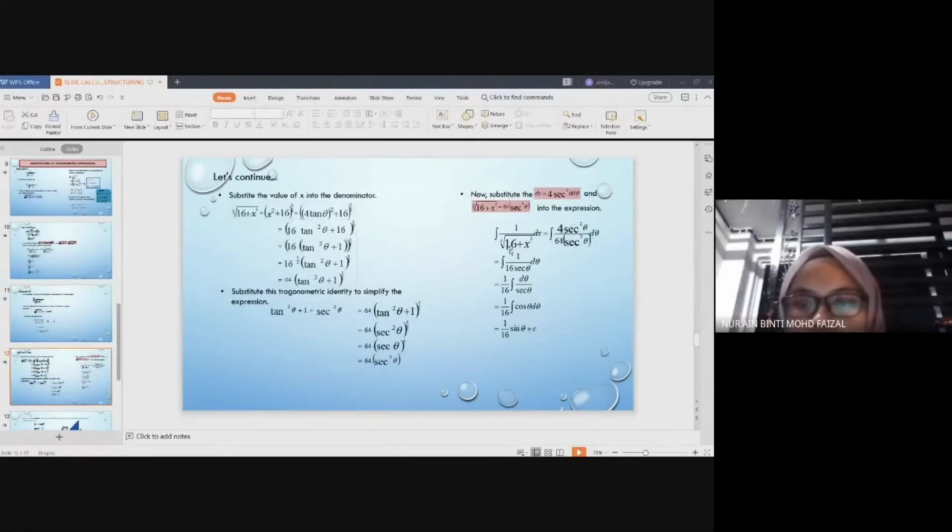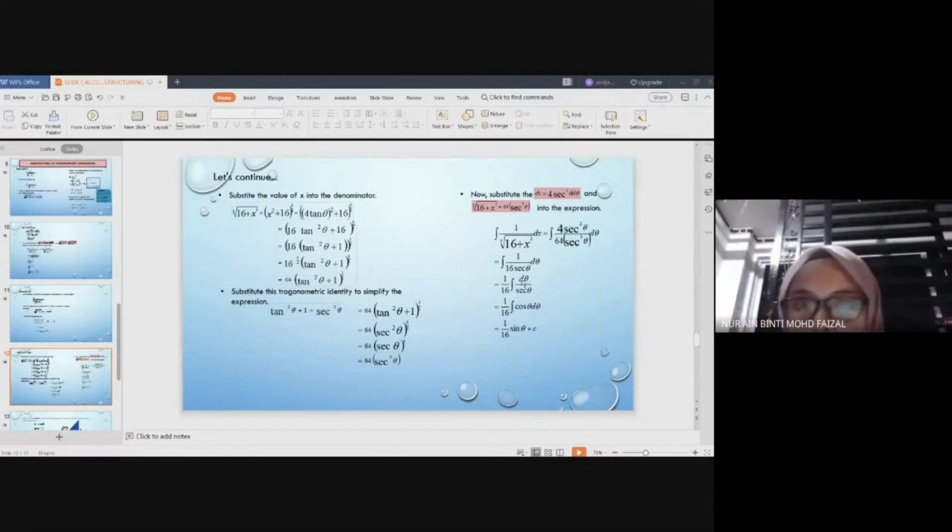So the denominator will be 64 times secant cubed theta. And then 4 divided by 64 is 1 over 16. And then you cancel secant squared over secant cubed, it will just be 1 over secant theta. Just put the 1 over 16 outside of the integral so that it is easier to integrate, and then just integrate it normally.